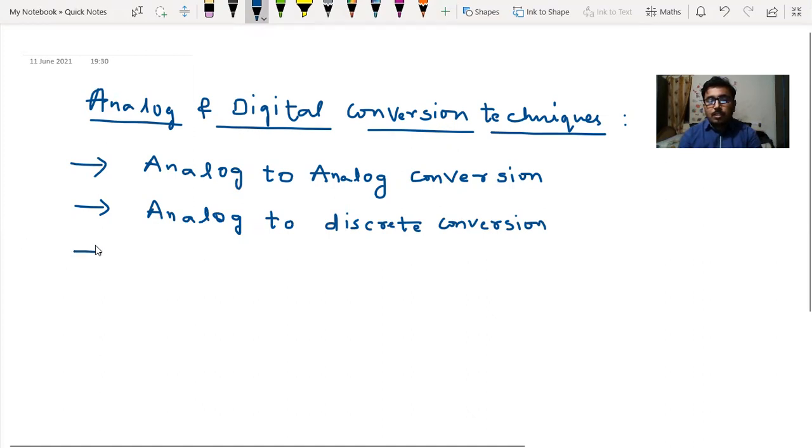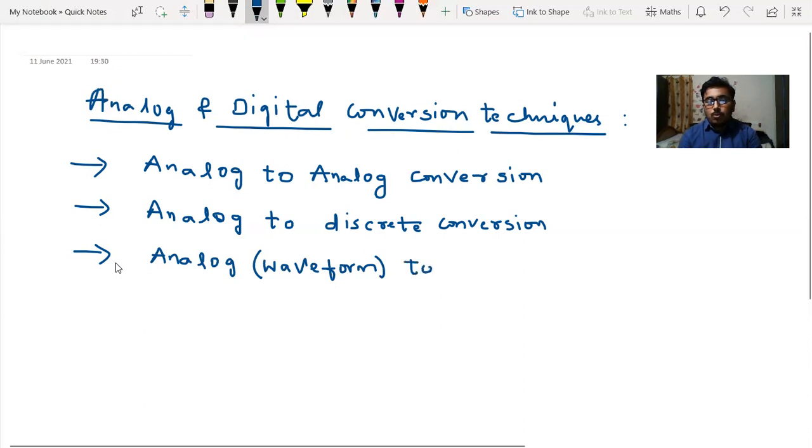Okay, and next, the third mechanism we are going to see is analog. Whenever we use this term analog, it says that we are using some particular waveform, right? So we are taking the waveform, and now this waveform is to be converted to code.